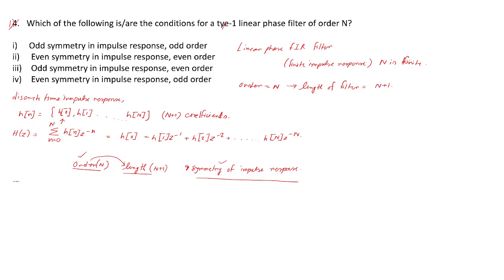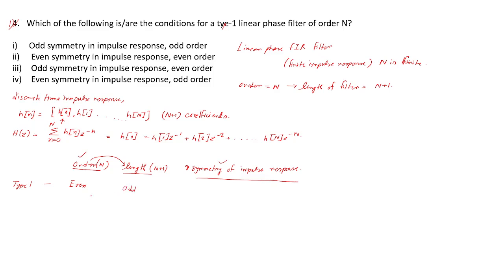So we are talking about type 1 linear phase FIR filter. These are the filters which have even order. Even order just translates into odd length.